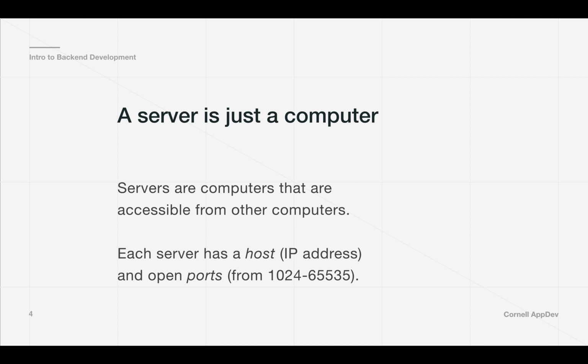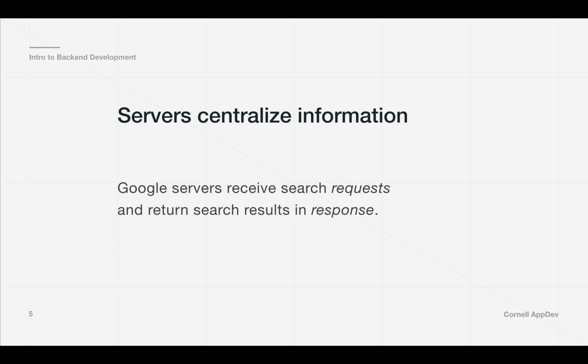Okay, so they have hosts and IP addresses. Hosts are IP addresses, and then they have open ports, and those go from 1024 to that last number. And there's also a bunch more that are usually used. For example, 80 is HTTP, and we'll talk more about that later. So the most important thing that servers do is centralize information.